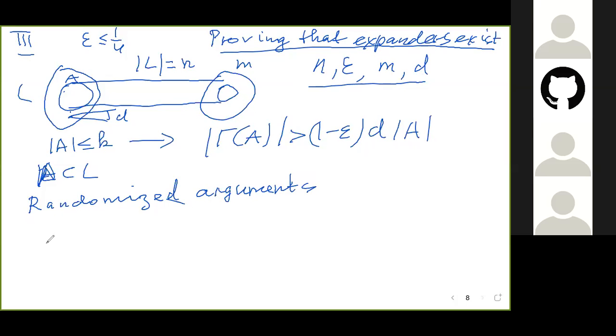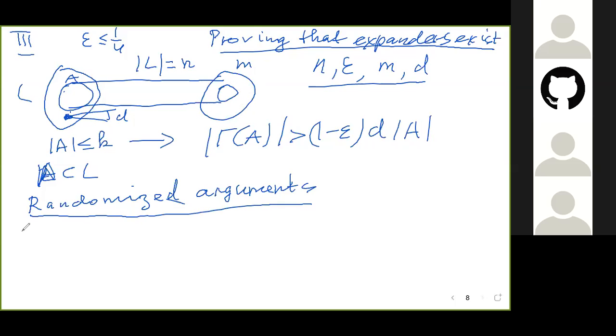And what does a random graph mean? That means that for each node, we choose its D neighbors at random. In other words, we choose at random a D-element subset of the set of right nodes.